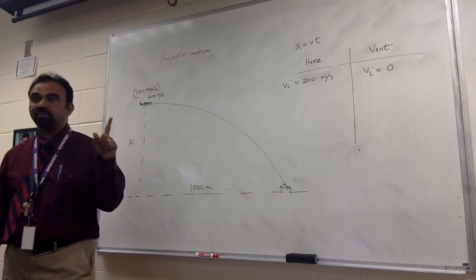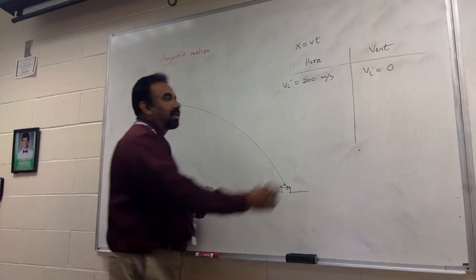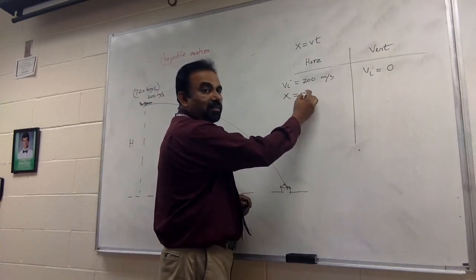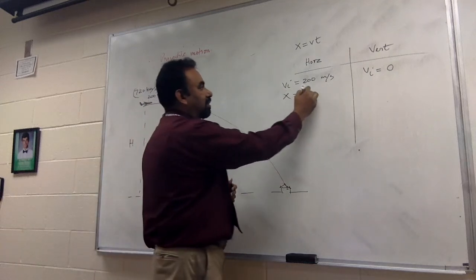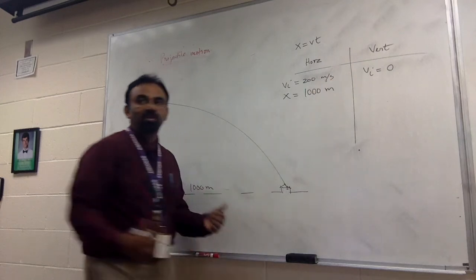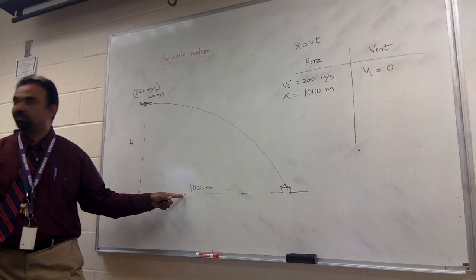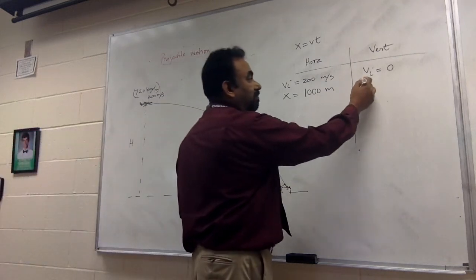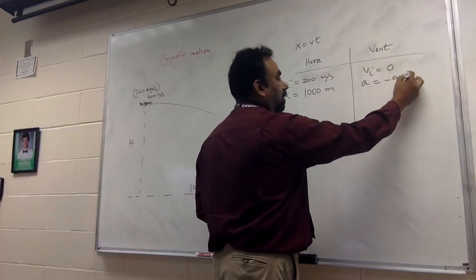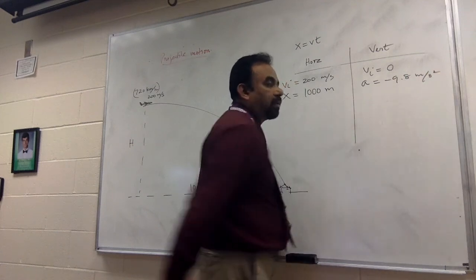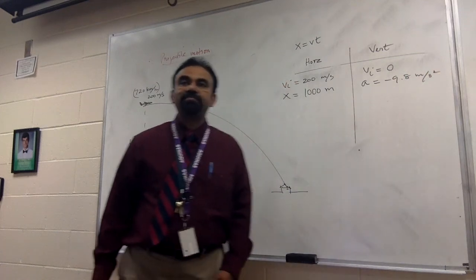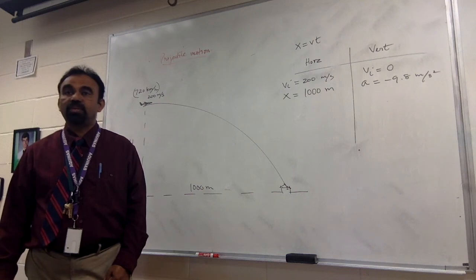What is the horizontal displacement here? 1,000 meters. And on this side, acceleration is known, but we don't know anything else.